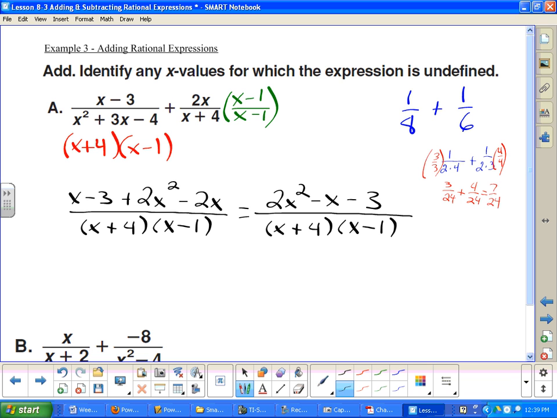So now after I simplify it though, I need to make sure I can't go further with it. In other words, the numerator is a quadratic, and I have factors in the denominator, so is it possible that I have a like factor in the numerator that I have in the denominator?